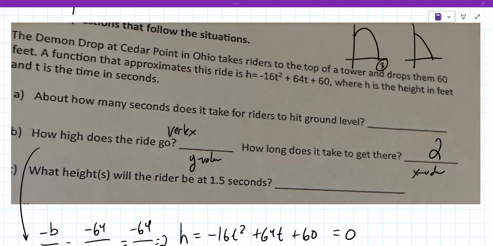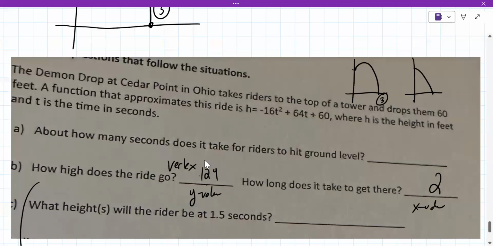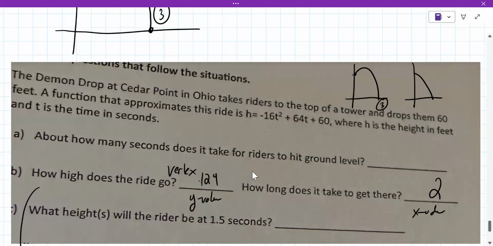And then plus 60. I got 124. So that'd be 2 minutes and 4 seconds. No, sorry, that's just how high. This is the height. The height is in feet. That is the actual height once you get the y value.